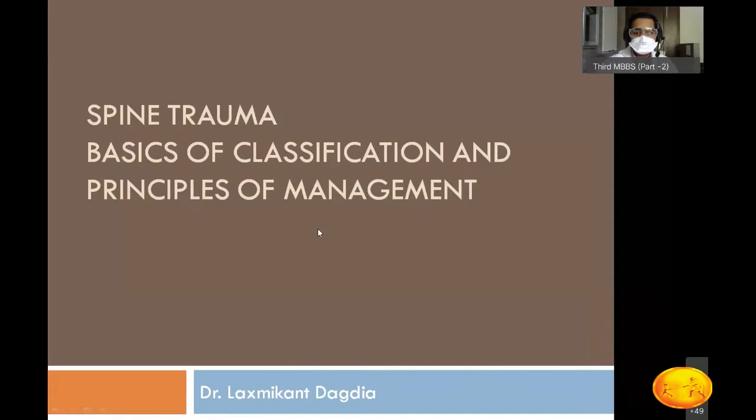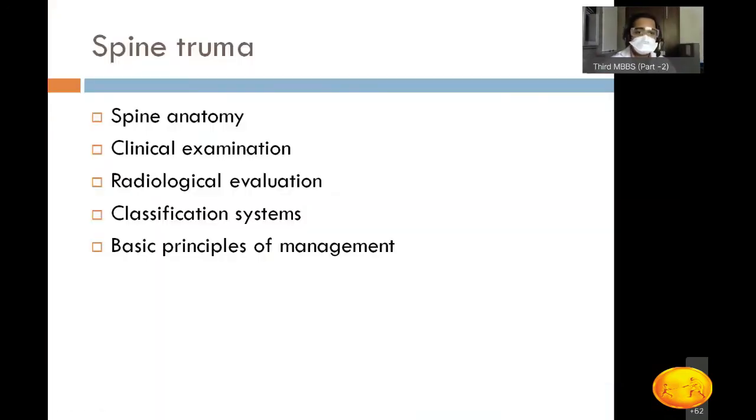We'll be discussing spine trauma, which is an important topic in UG teaching in orthopedics. We'll be discussing basics of its classification and principles of management of a patient with a spine trauma. The lecture will be covering topics ranging from spine anatomy, basics of spine anatomy related to cervical, thoracic, and lumbar region, which is different for all three regions.